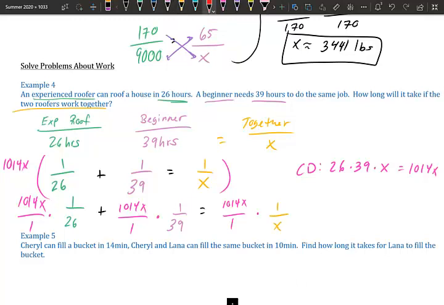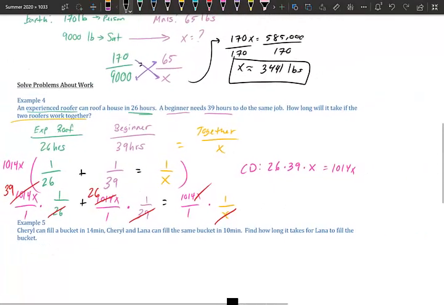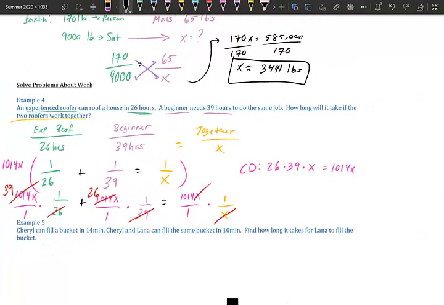So now we just simplify. So cross out. 1014 divided by 26, we're left with 39. 1014 divided by 39, we're left with 26. 1014x divided by x, we just get rid of the x. So let's write what we have left over, because you should already have that copied down.